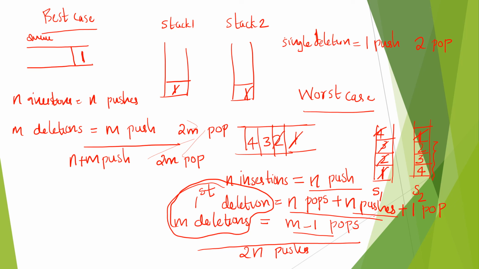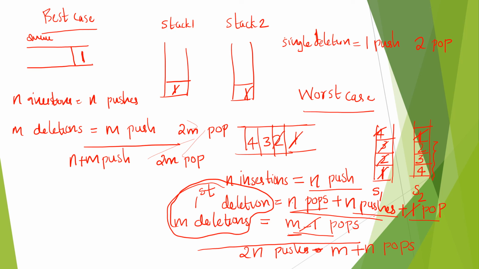Then the number of pops: n pops, then 1 pop, then m minus 1 pops. The minus 1 and plus 1 cancel, so m plus n pops. So, for the worst case, we need 2n pushes and m plus n pops.